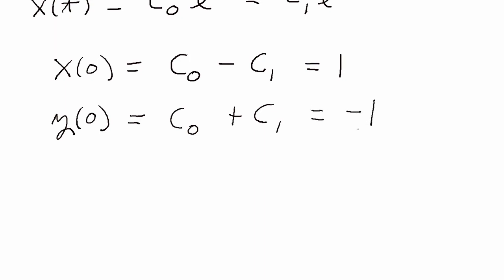From this we have a system of equations, but you can see that c0 in this case would be equal to 0, and c1 is equal to minus 1. Now we can write down our solutions.